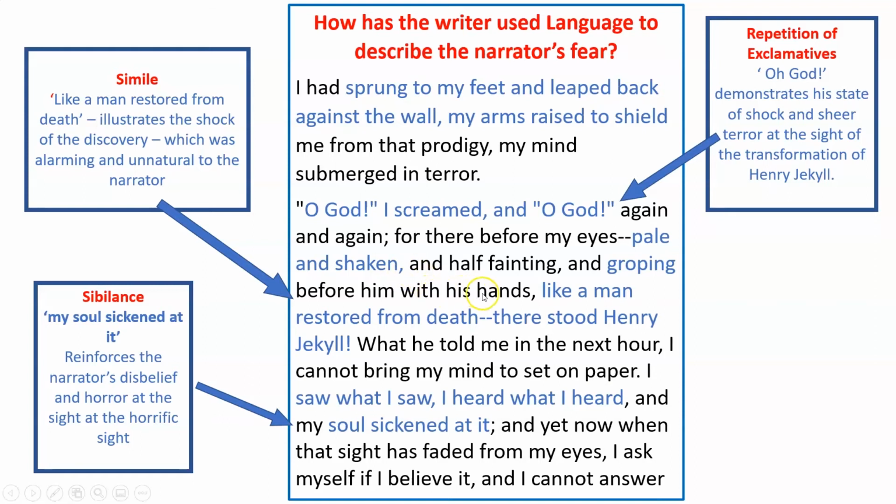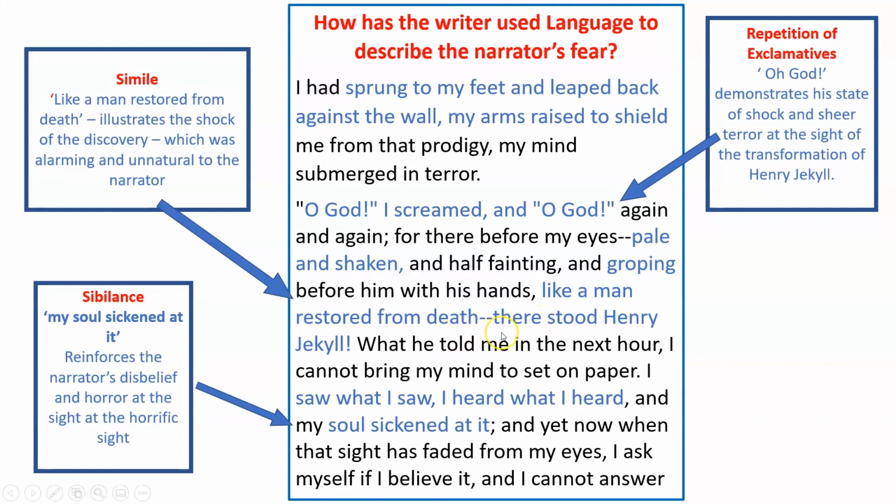Then as we go on, guys, we can see that he is obviously very, very disturbed. And the fact that in the middle of the extract, the focus then changes to Henry Jekyll, who has transformed and now looking like a man restored from death.